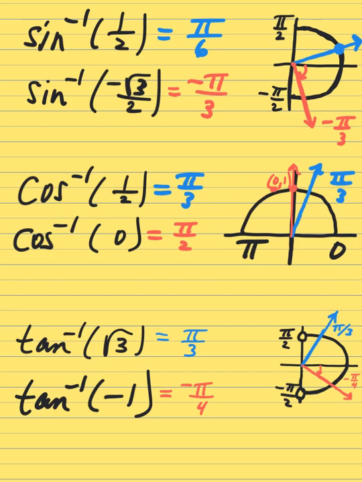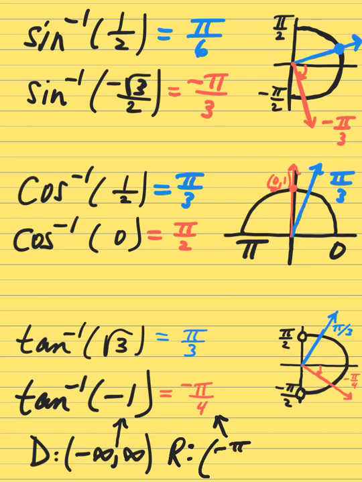Okay, now tangent inverse from the first slide had a domain that was infinite. What does that mean? Well, that means any number can be given in parentheses, and your range, which are these values, will have to be between negative pi over 2 and positive pi over 2.